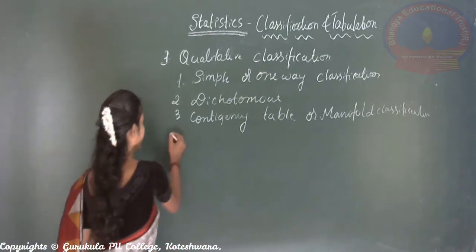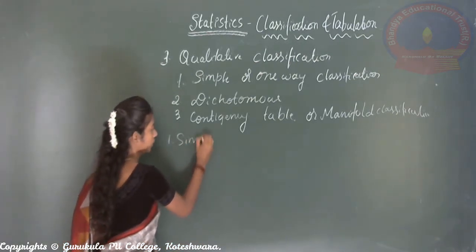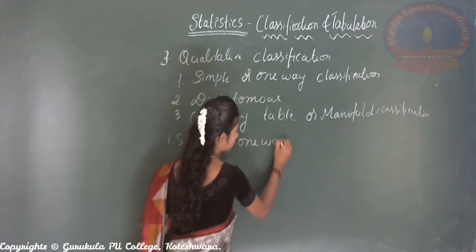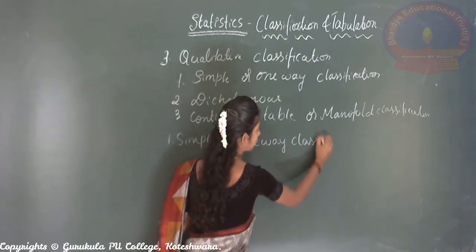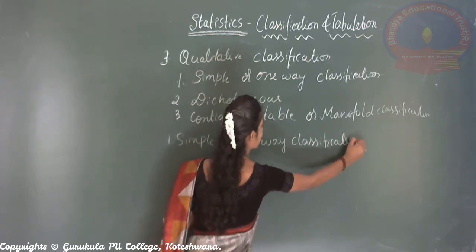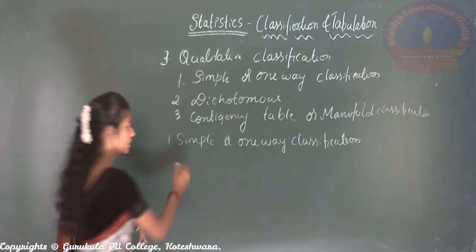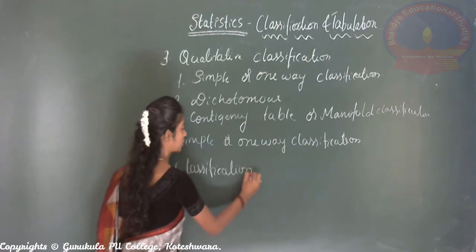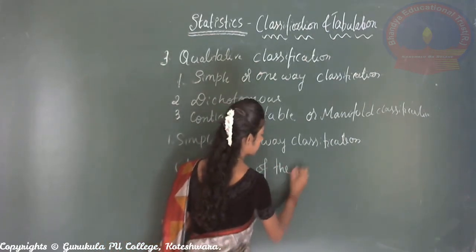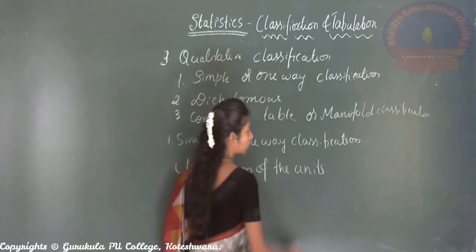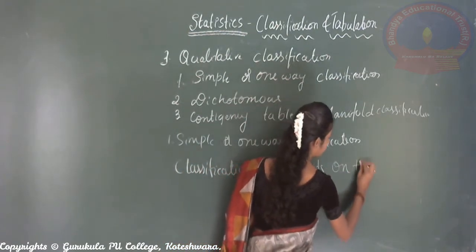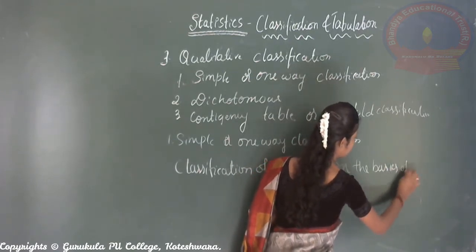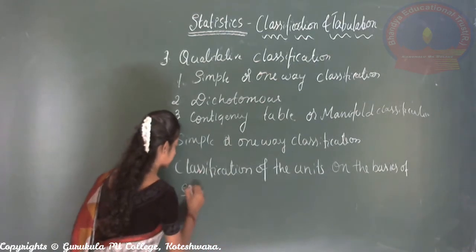So here one is simple or one-way classification. It is classification of the units on the basis of a single characteristic.